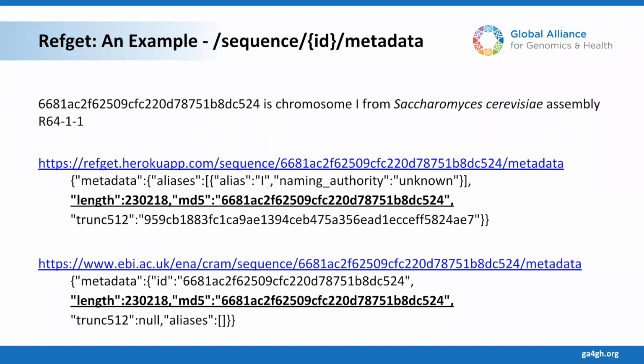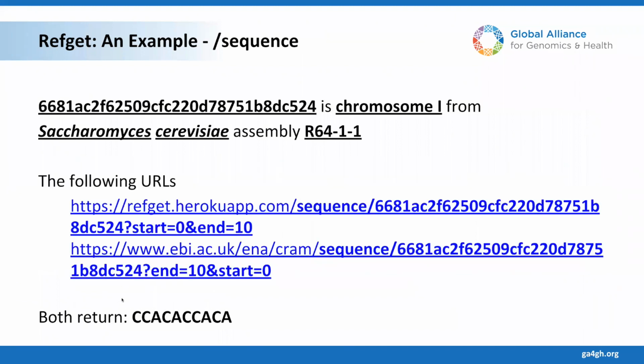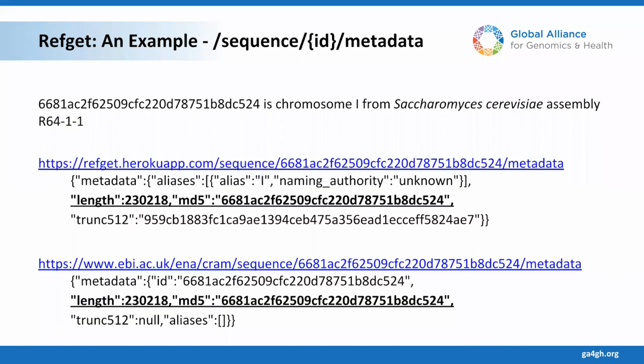We have a second endpoint available for metadata. The main difference between these two, if I can flick back, is you have sequence/checksum. All you need to do to get the metadata for that sequence is to add /metadata onto the end of it. And here you can see that we allow a little bit of difference to appear between the two implementations.